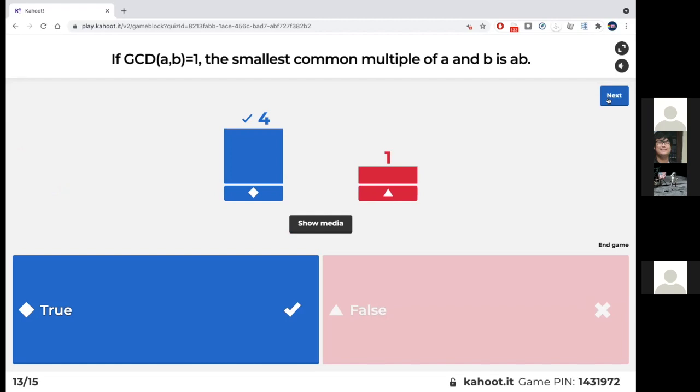It's going to be their product divided by the greatest common divisor. You can see this by looking at prime factorizations of the numbers. The smallest common multiple is going to be their product divided by all the factors where they overlap, because you want to get it as small as possible. I hope that makes sense. Please ask questions about it if it doesn't.